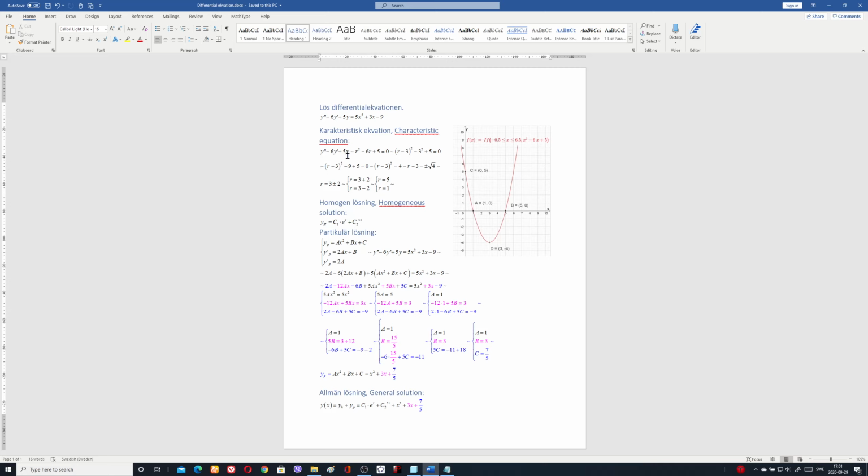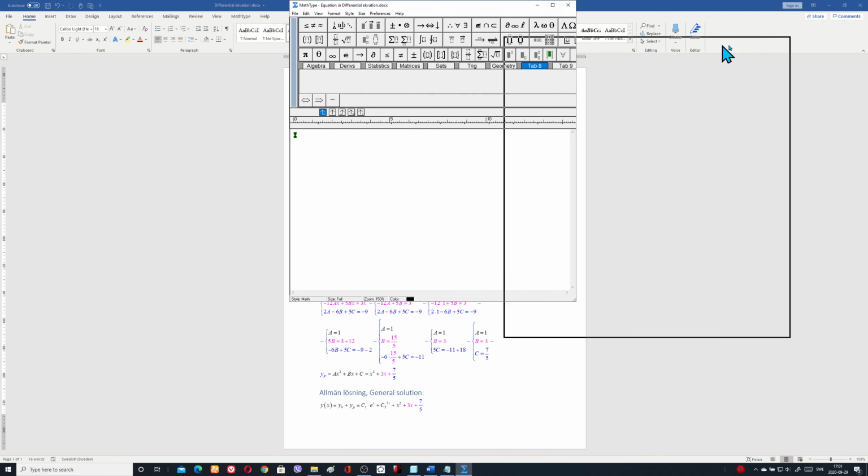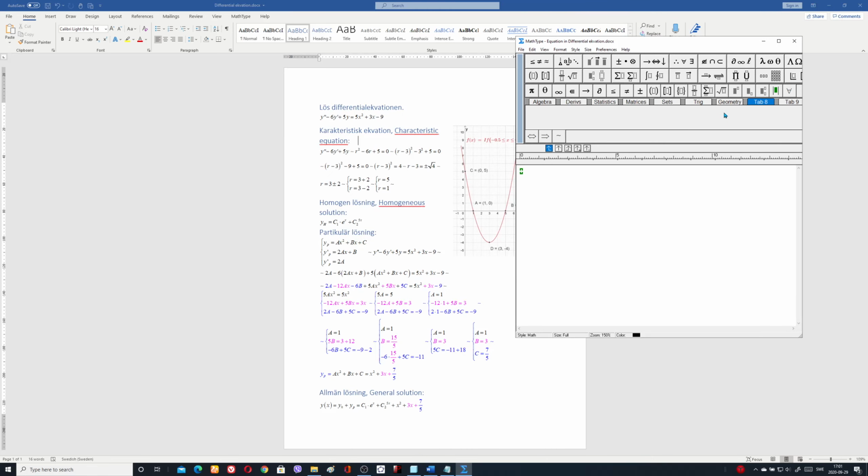And now when we have a quadratic equation, here I have a second derivative, and I writing that this is the r power 2 minus 6r, which is this one. And I'm taking that y is equal r.